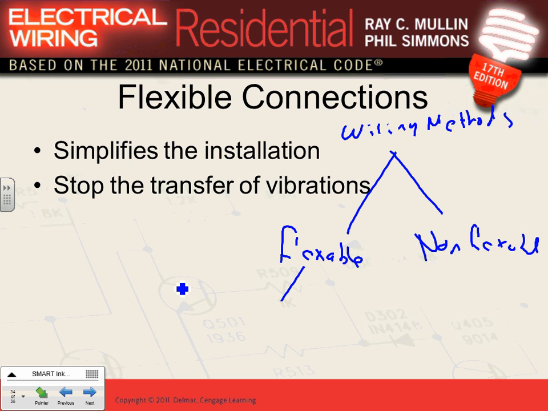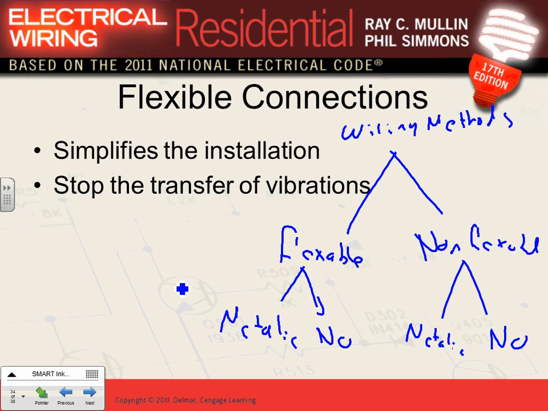And division number 2 for each one of them would be metallic, non-metallic. So you start with flexible metallic conduit, or flexible non-metallic conduit. Or you go non-flexible, that's your rigid and EMT. The non-flexible can be metallic or non-metallic.